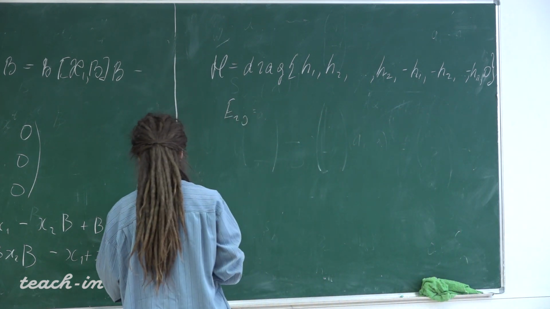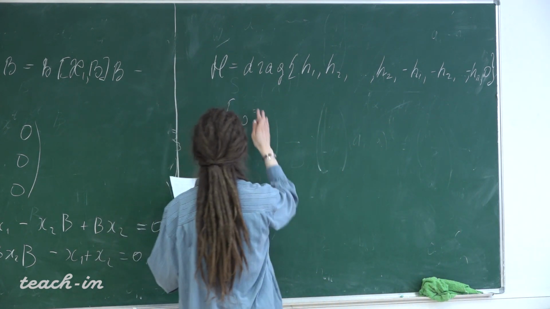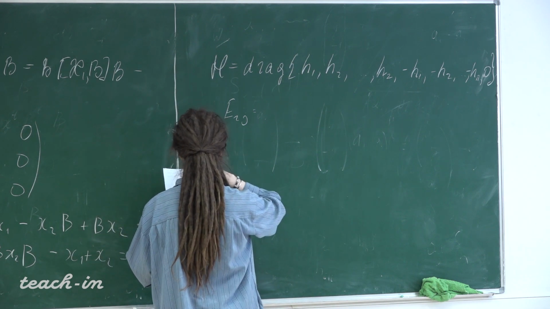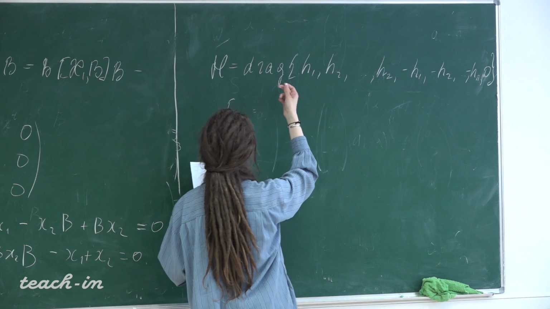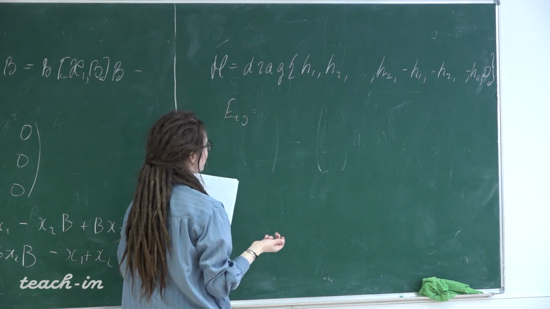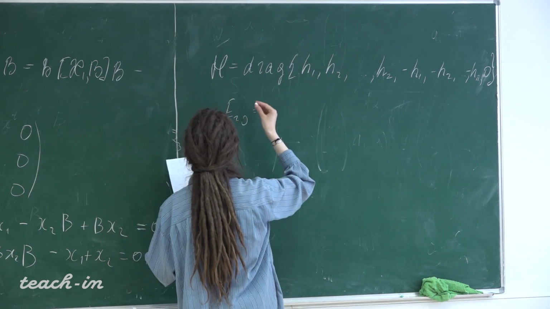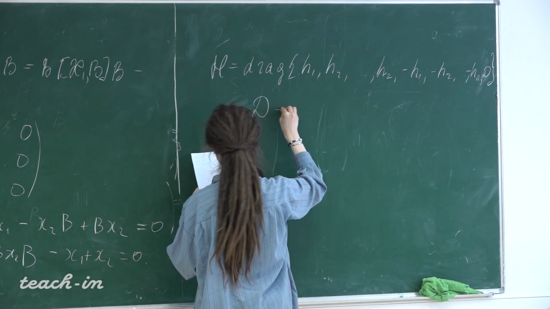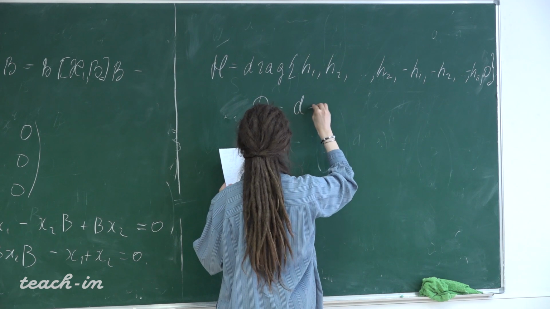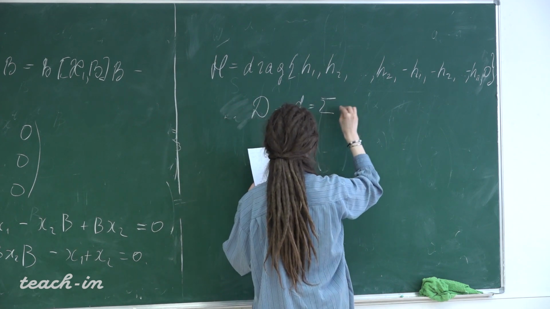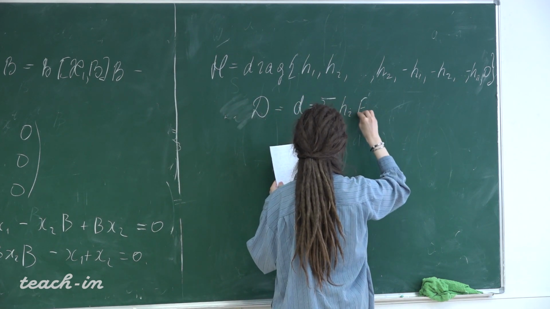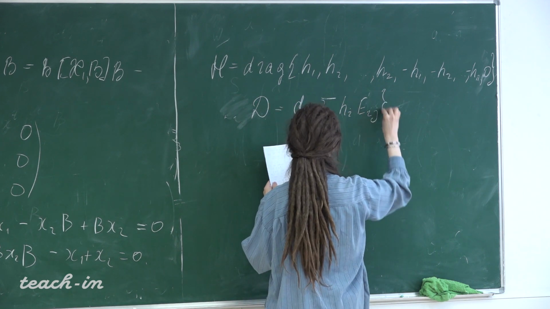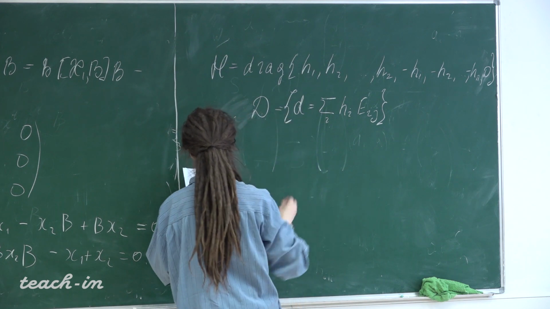Okay, and then I claim that H is a diagonal matrix in D. And our D will look like this: every element of D is a sum of H_i.